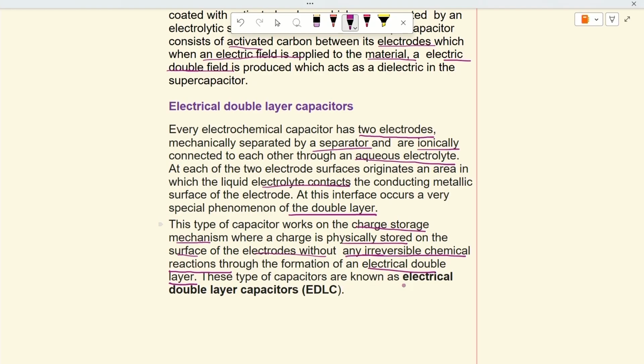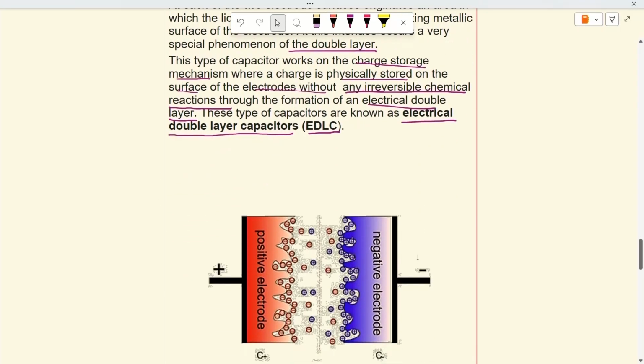So, this type of supercapacitor is also known as an electrical double layer capacitor, or EDLC in short form. Now, I will show you the mechanism. See, actually what happens is we have a positive terminal and a negative terminal. Okay.